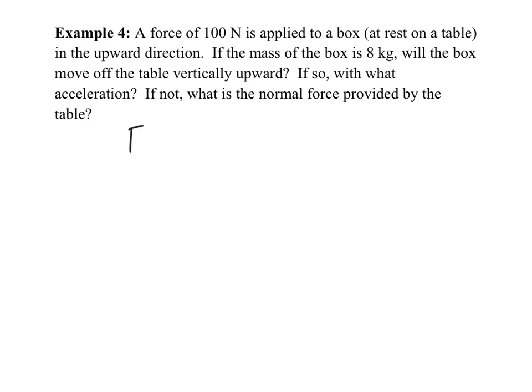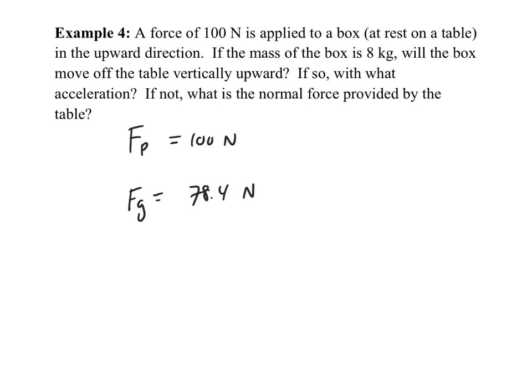Fp, the applied force upward in this problem, is 100 newtons. It turns out that the weight is only 8 times 9.8, 78.4 newtons. That's the weight acting down on this object. So clearly, if the applied force upward is more than the weight of the pencil case, it will lift off the table.